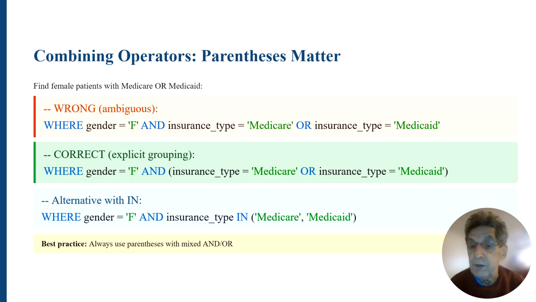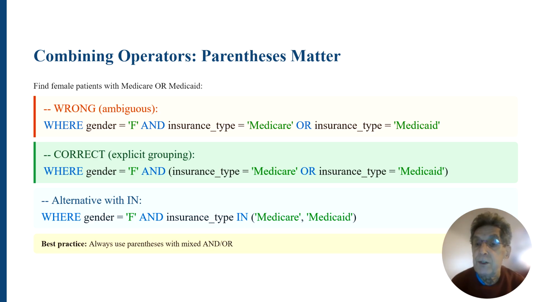Look at it carefully. You can figure it out. Because AND is evaluated first, this is interpreted as female and Medicare, or Medicaid. So you're going to get all the female Medicare patients and all the patients that have Medicaid, regardless of their gender. And that's probably not what was intended.